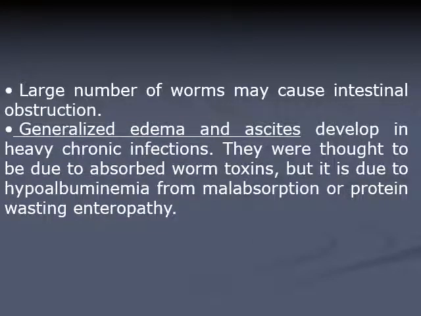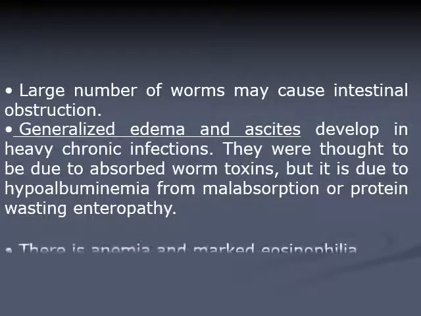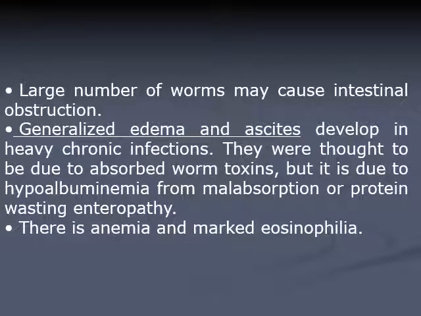Generalized edema and ascites develop in heavy chronic infection. They were thought to be due to absorbed worm toxins, but it is due to hypoalbuminemia from malabsorption and protein-wasting enteropathy, which occurs due to the chronic diarrhea caused by the worm. There is also nutritional anemia and marked eosinophilia.